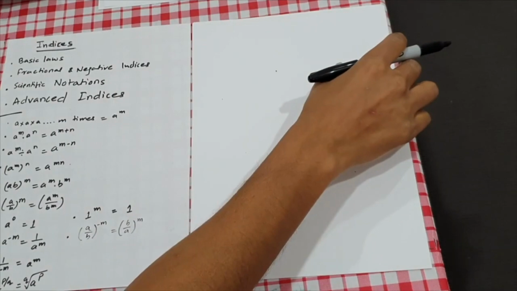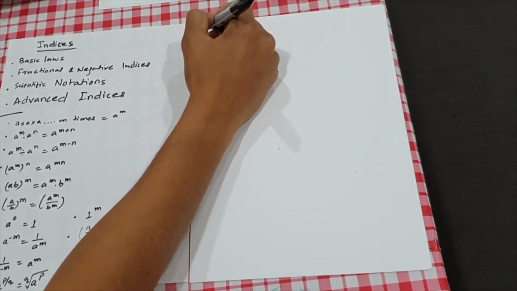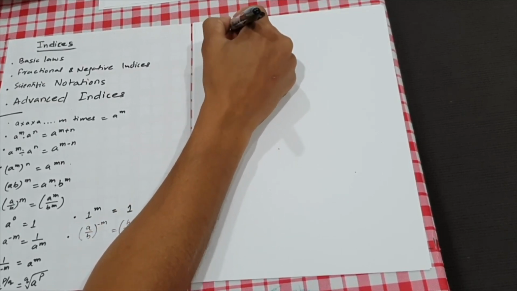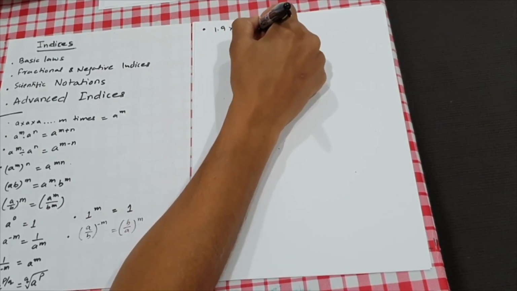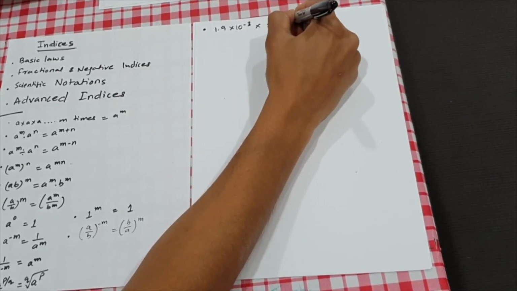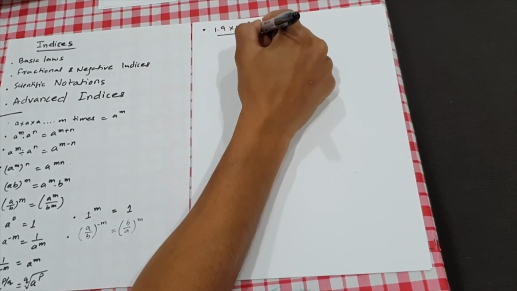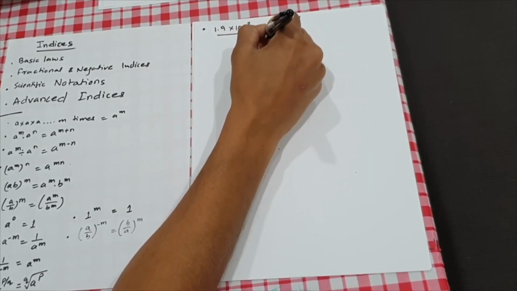Let's take one example of a simplified notation again from the book. I'm taking 1.9 times 10 to the power minus 3, into 2.4 times 10 to the power 4, divided by 8 into 10 to the power 4.